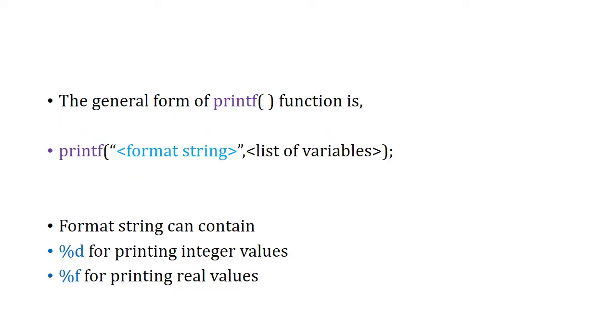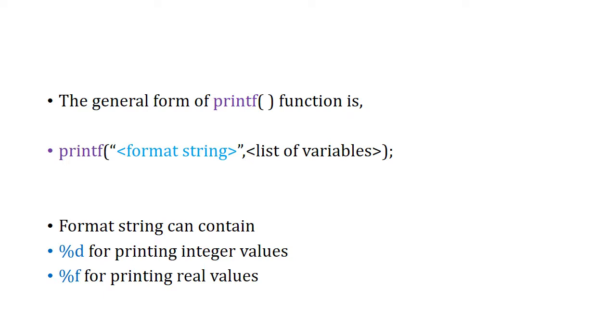So the general form of the printf function is printf, then in the double quotes we have the format string and then the list of variables. The format string contains the format for what we want to display. Let's say we want to print an integer value, so the format string should be %d.